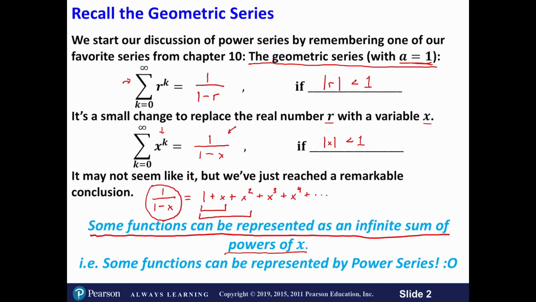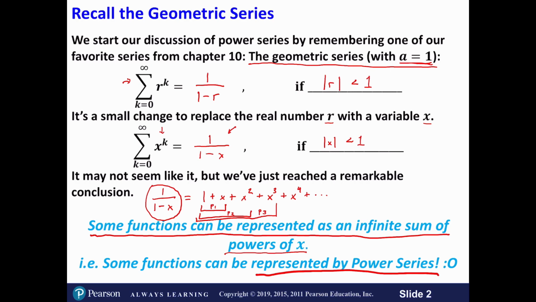So let me actually label these. This would be P1, this would be P2, and then if we were to keep going, this thing here would be P3. And so what we have essentially done is we have extended this Taylor polynomial infinitely. And the main conclusion here is that some functions can be represented by power series.